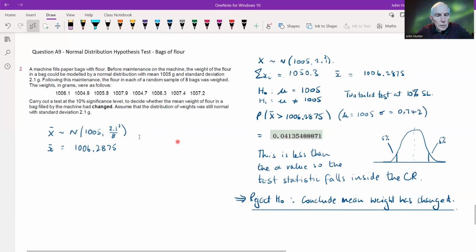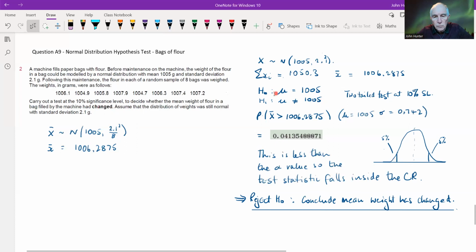So what are we doing? Carry out a test at the 10% significance level to determine whether the mean weight of flour has changed. These are grams, they're actually masses, of course. So how do we go about this?